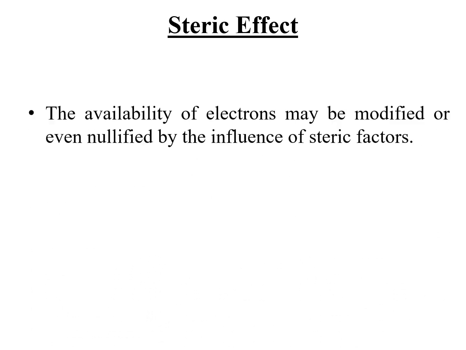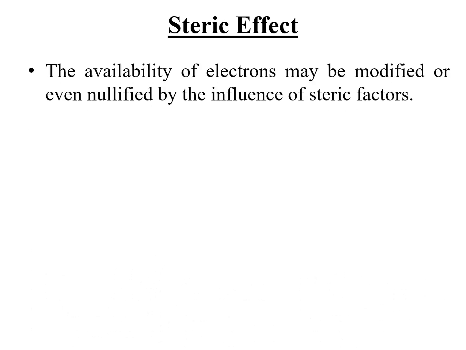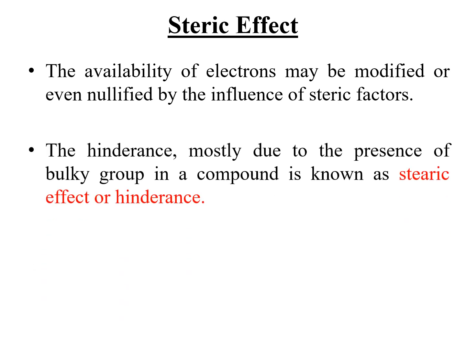Next, steric effects. This is the ability of electrons or a reaction to be influenced negatively by the presence of bulky groups. The higher the number of bulky groups in a compound, the more it can make the compound not react, or react slowly. This effect is called steric hindrance. An example is a car carrying so much load and a car that is not carrying load: their speeds differ.